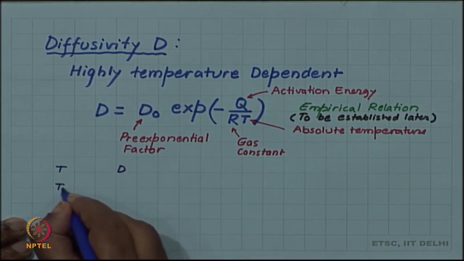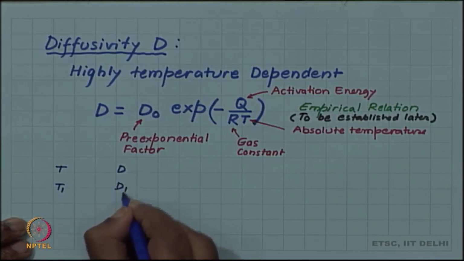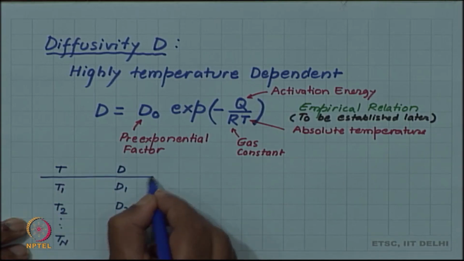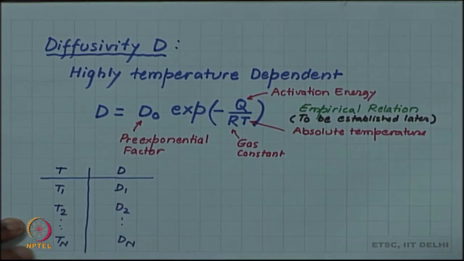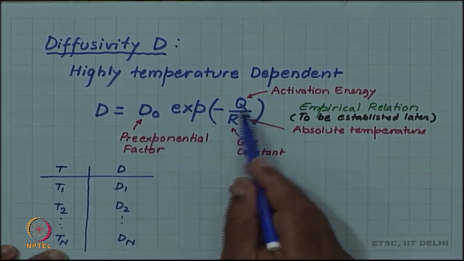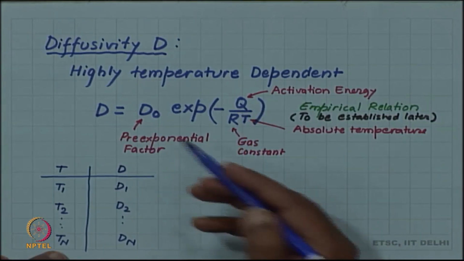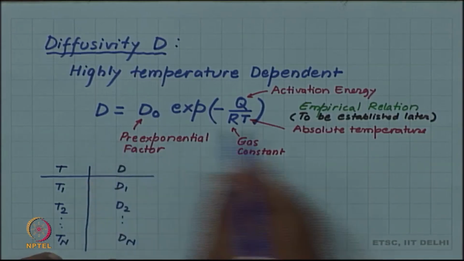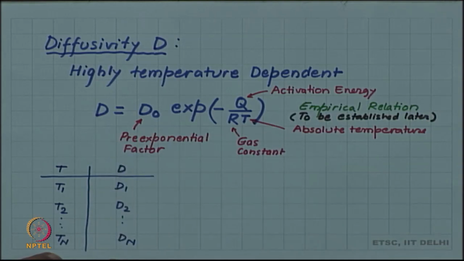So, if we have at temperature T1 diffusivity D1 and temperature T2 diffusivity D2 and so on, then with a table like this it is possible to get the pre-exponential factor and Q, or to verify whether this relationship is true or not by plotting. You can see we will get a straight line if we simply take the log of this equation.